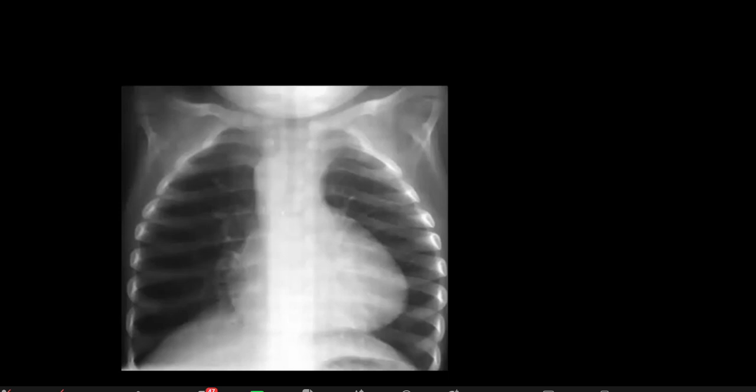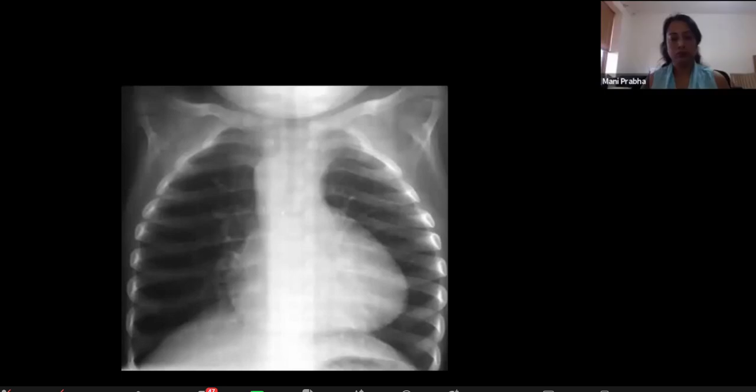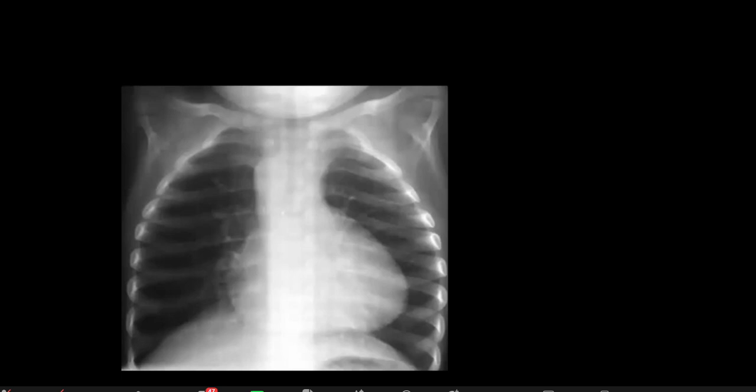Pulmonary artery and the vasculature are decreased. There is decreased pulmonary vasculature, and there is increased chamber enlargement with no predominance. It's a generally increased cardiac silhouette.